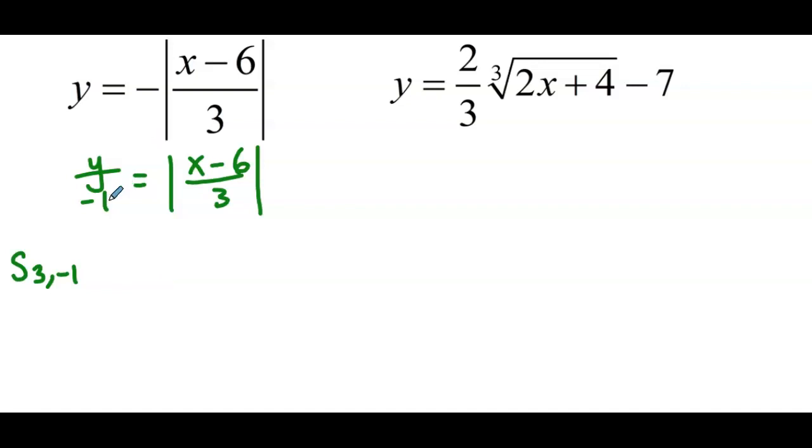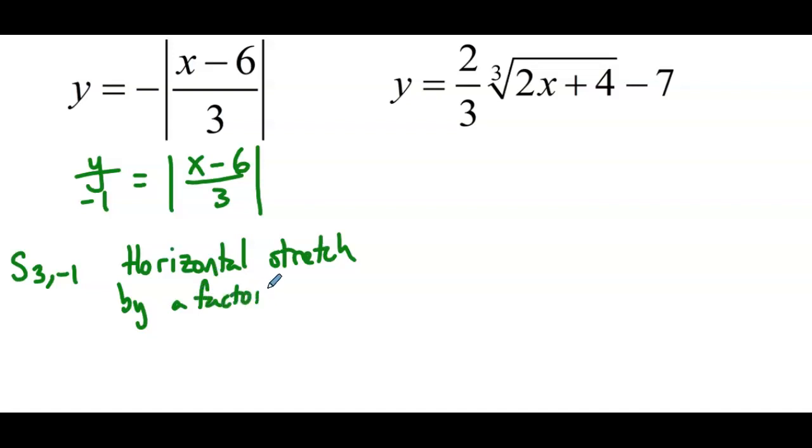So written in words, we have a horizontal stretch by a factor of 3. And then we're multiplying y by -1, so if we negate all of our y values, the points would move across the x-axis.